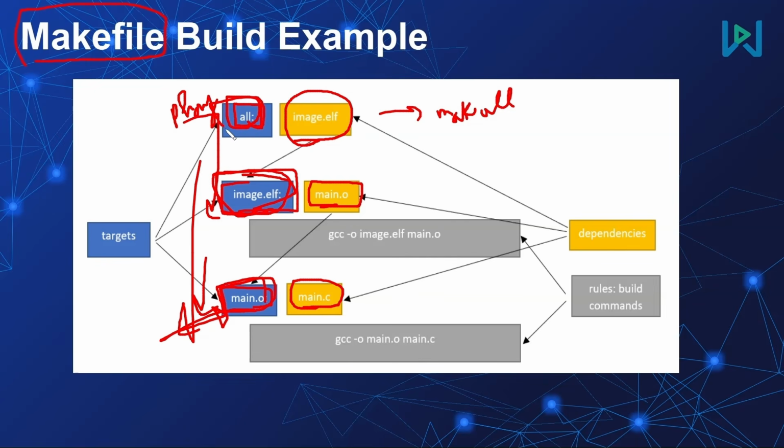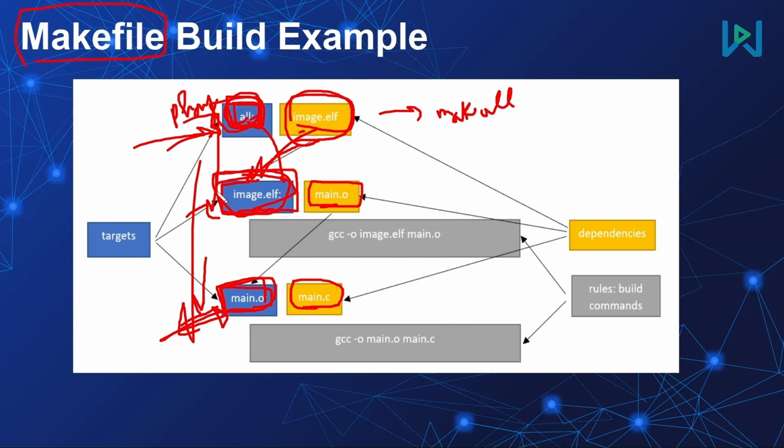Besides those targets, we'll need to create a kind of tree of dependencies between those targets. Our entry point will be this all Makefile target. However, to trigger this sequence of execution of the rest of the rules, we need to create dependencies between this rule and the other ones. Hence, this one will have a dependency on this image.elf, because this is the output file to be generated and loaded into our embedded device.